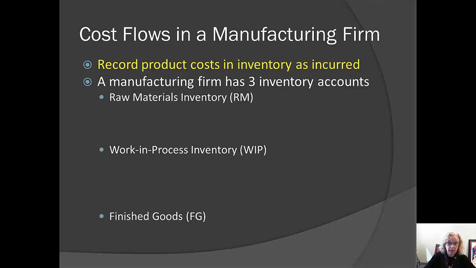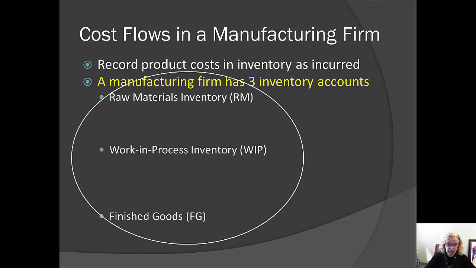Generally speaking, a manufacturing firm can have 3 inventory accounts, and you need to understand each one and the story that it is telling. The raw materials inventory represents the dollar value of all of the materials that we have acquired but haven't used yet.